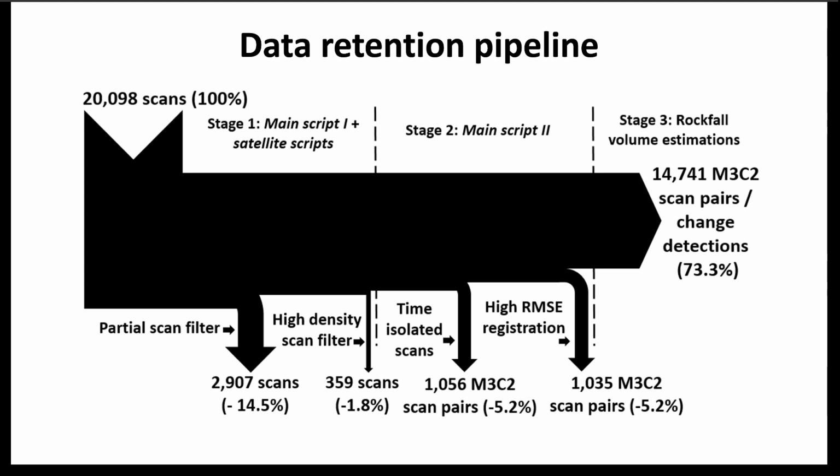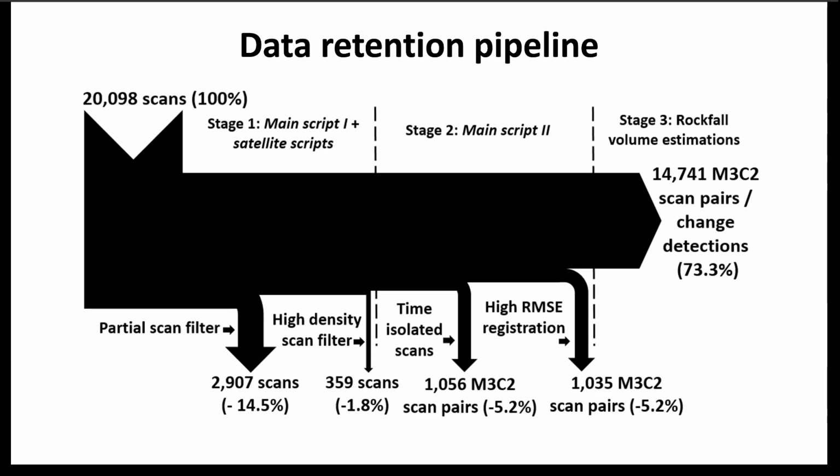One note on the data retention pipeline. Even though we collect a lot of data, over a period of about 3 years we've got just over 20,000 scans. By the time that's gone through our workflow and a series of quality checks that look at each scan, we lose a significant portion of the data, here around 25%.